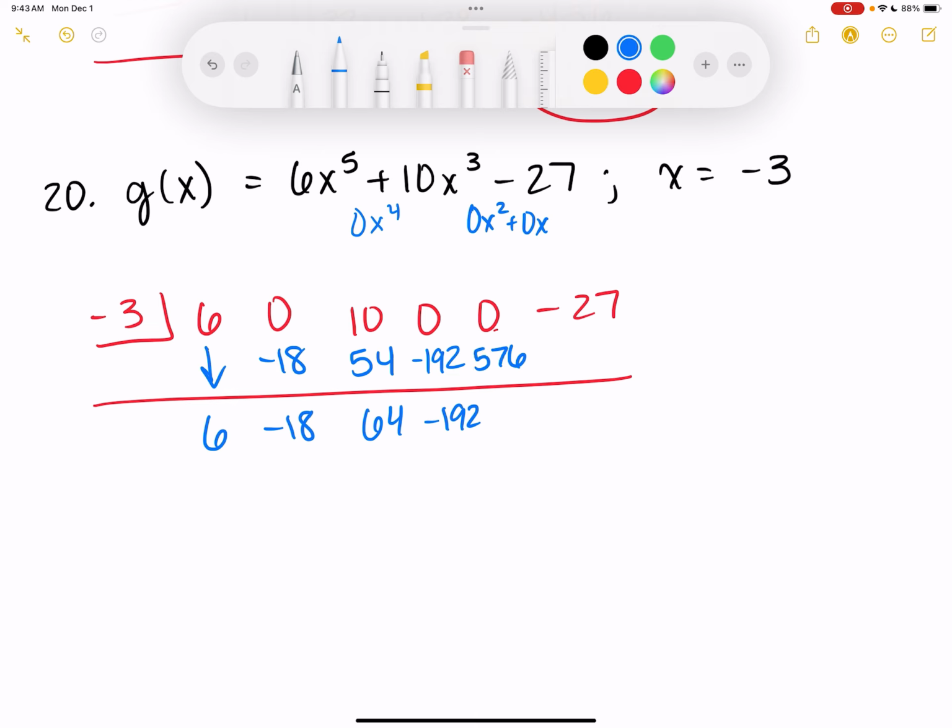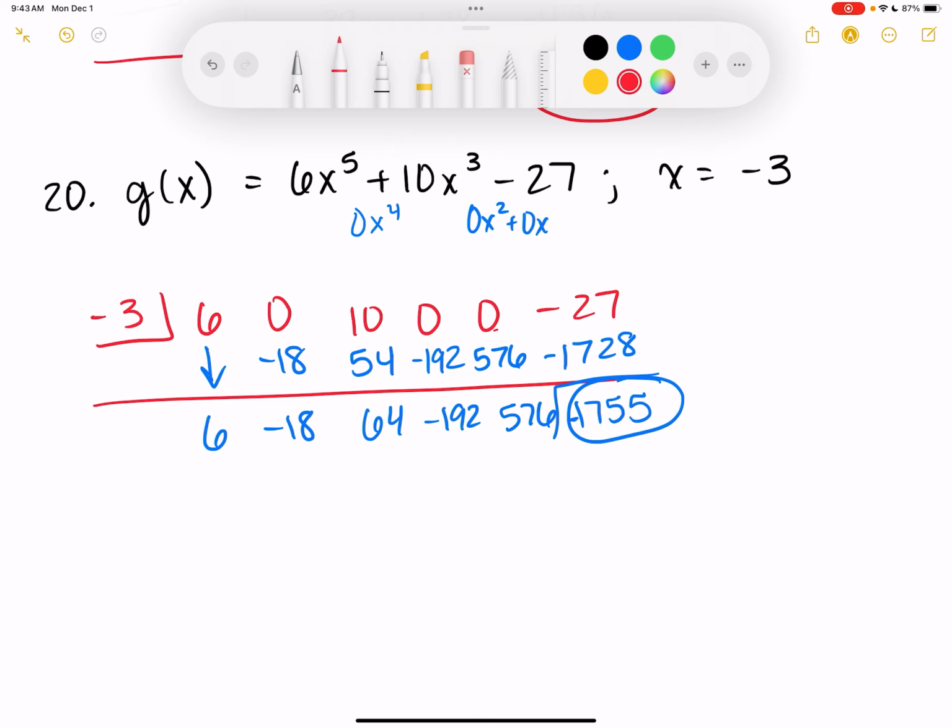I wouldn't trust my think math. 576, and then times negative 3 is negative 1728, I think. Minus 27, so those have the same sign, so I can just add: negative 1755. That's a great number.